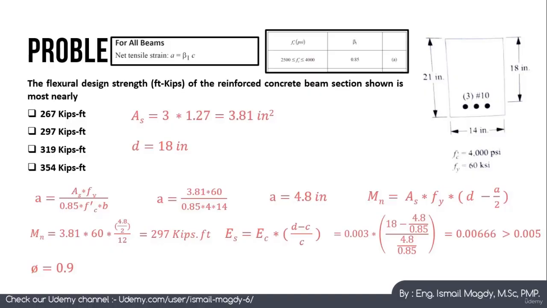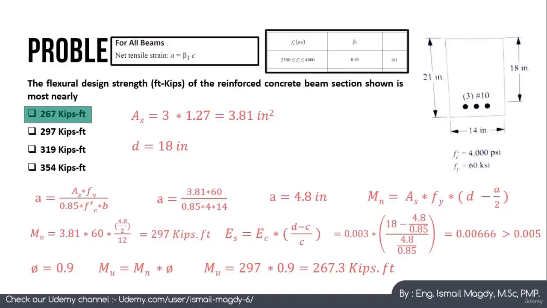So now we have phi and we have the nominal strength. So Mu equals Mn multiplied by phi, which means that Mu equals 297 multiplied by 0.9, which equals 267.3 kips-feet. So this is the answer, which is the first option, 267 kips-feet.